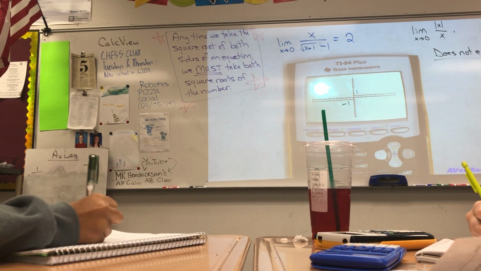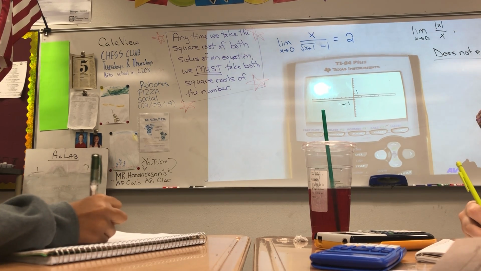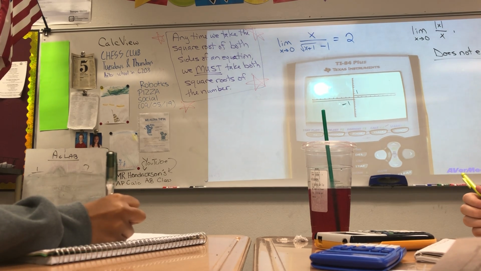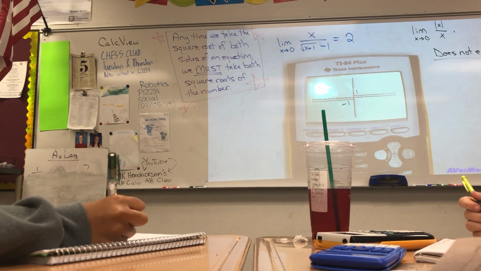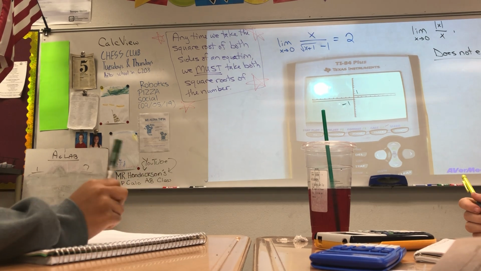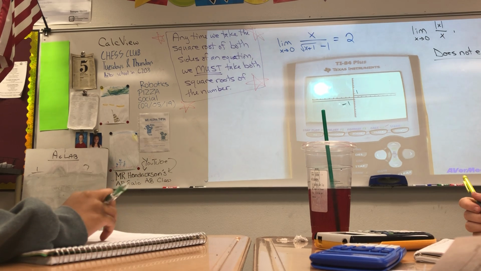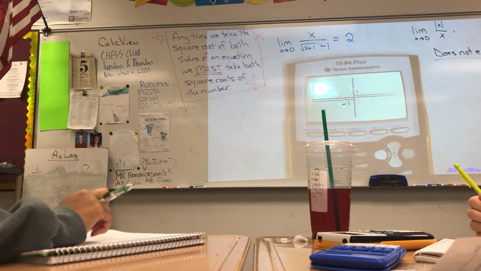If what you're going to is different from the left than it is from the right, the limit does not exist. Which is why, whoever asked the question before, that said, do we need to do it from both, or should we do it from both sides? Was that you? Somebody asked, should we do it from both sides? Yep.